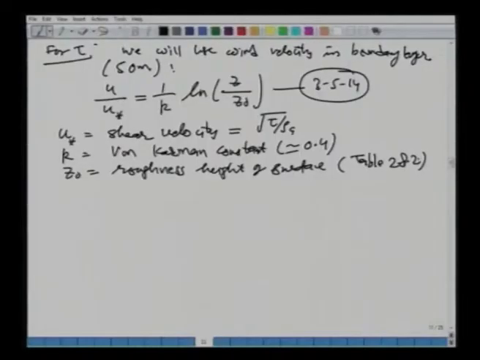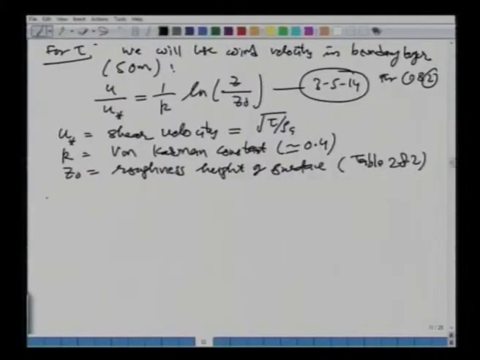So, we use this equation 3.5.14 for cross section 1 and cross section 2, or horizontal plane 1 and horizontal plane 2. Applying it at these two planes gives you the velocity u1 and u2. Then you subtract the two equations.